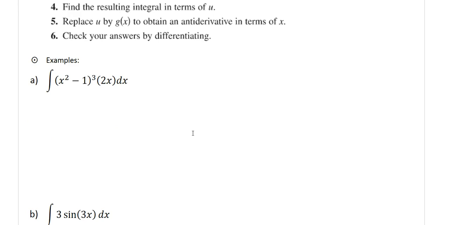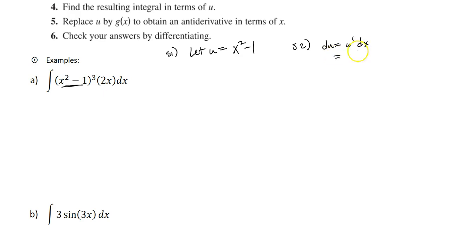and when you do that, you would need to use the chain rule. So for this example, I've got the integral of x squared minus 1 cubed times 2x. So for step 1, I'm going to let u be equal to this inner function here, x squared minus 1. So for step 2, du, which is u prime dx, is going to be 2x dx.